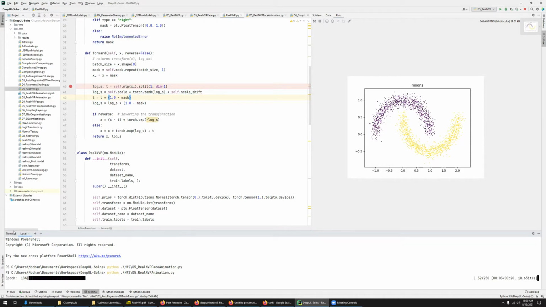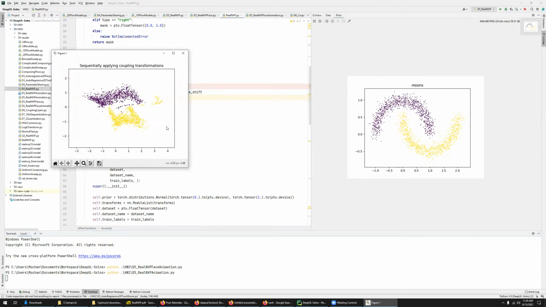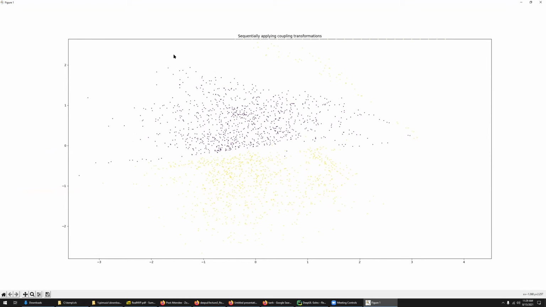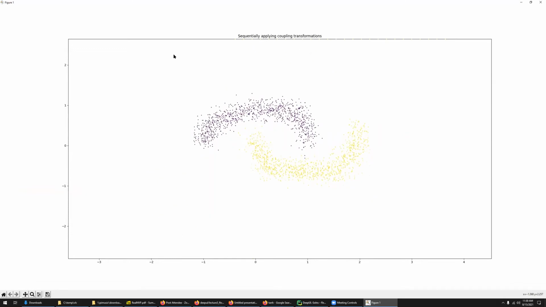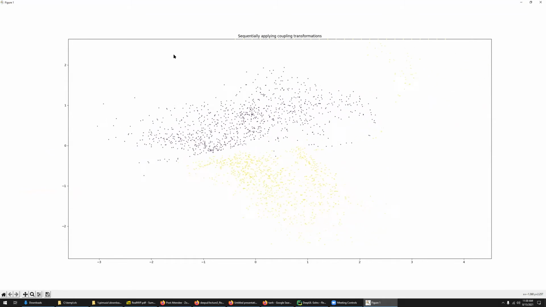So this is the animation they made of how each of the layers affects the data. It probably doesn't have the full effect on the full screen. But this is the first one, this is the second one, this is the third one, and this is the fourth one.